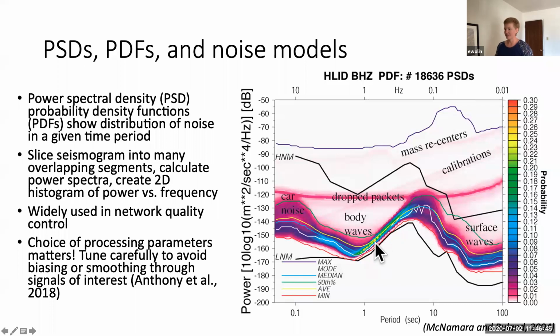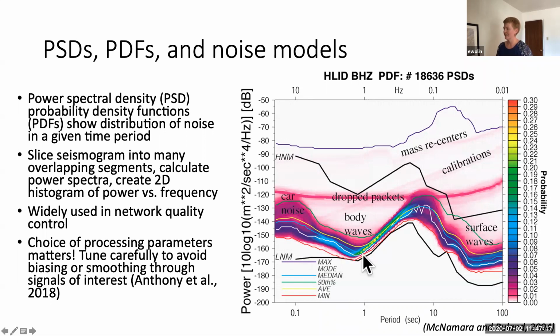So we can see here, this is the microseismic band, this is that ocean signal. We see a very consistent signal from about 1 to 10 seconds, right? And in this cultural noise band, we see a large variation that's almost bimodal. We have a lot of low power spectra, but also a fair number of higher power spectra here. So this gives us an idea of the distribution of noise levels with frequency at a particular site.